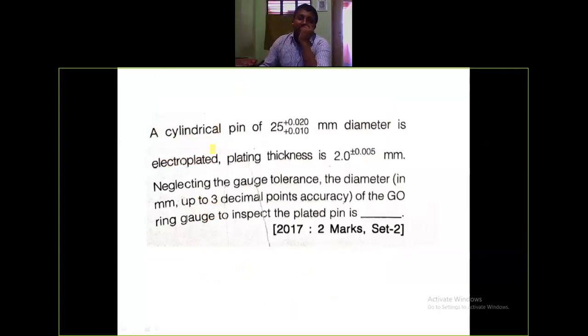Again, same type of question, plating. Again the ring gauge, go gauge, you have to consider the maximum, 25.020.